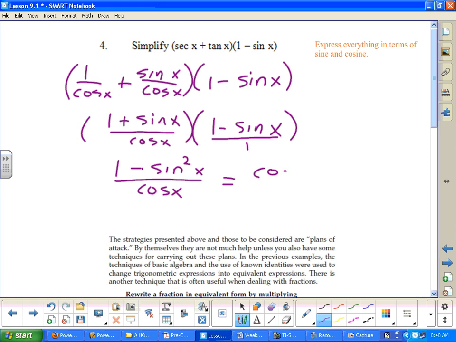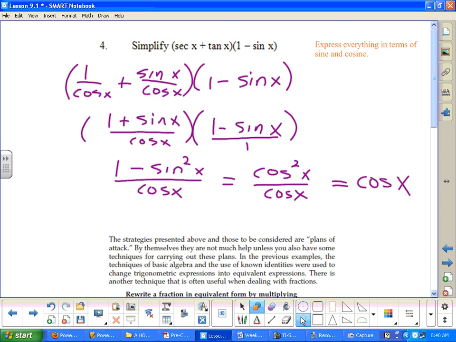So this becomes cosine squared over cosine, which just simplifies to cosine of x. So that whole thing simplified just to cosine of x. Well, that's easy, isn't it? Okay.